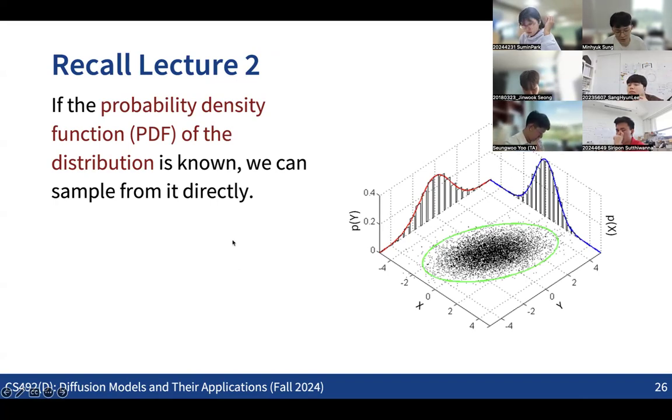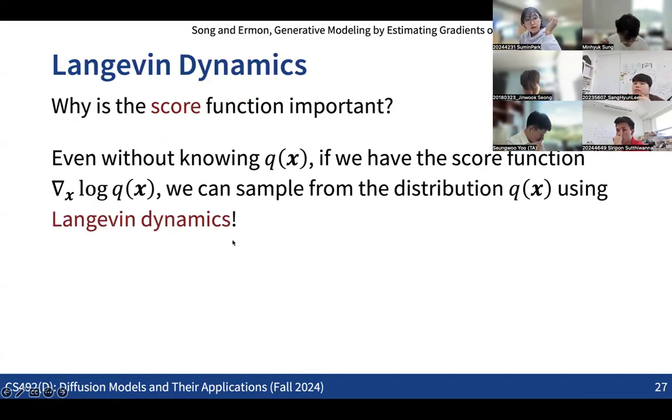And here the interesting thing is that if we have the information of the score function, not exactly the PDF of the probability distribution, then even just using this score function, we can still directly sample points from the distribution without having the explicit PDF. That's the technique called Langevin dynamics, which comes from physics.